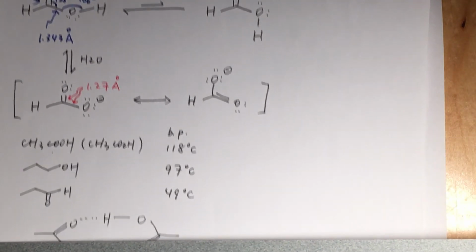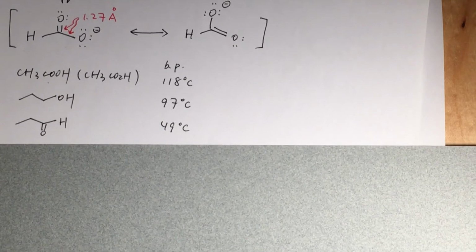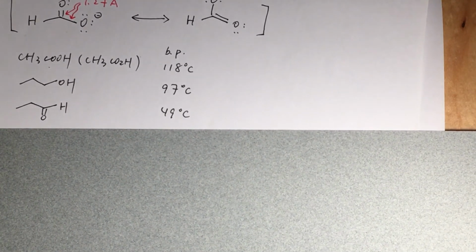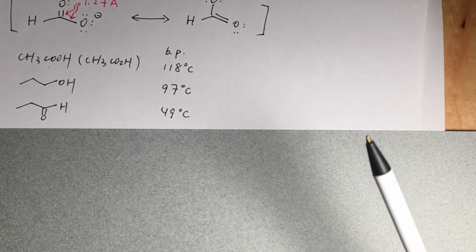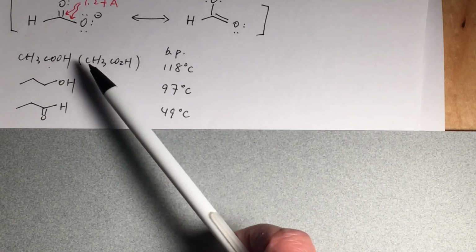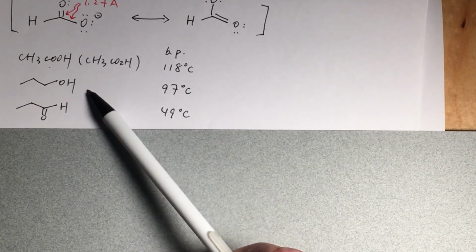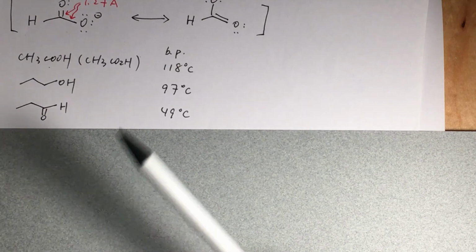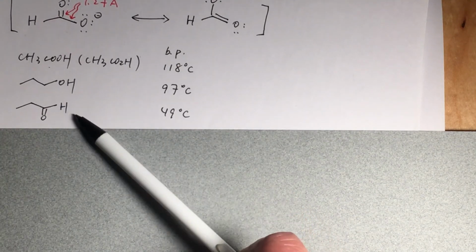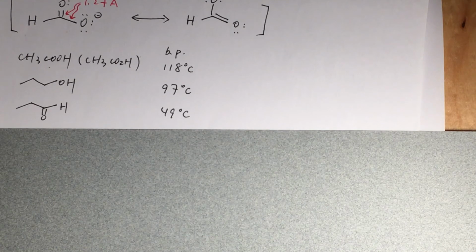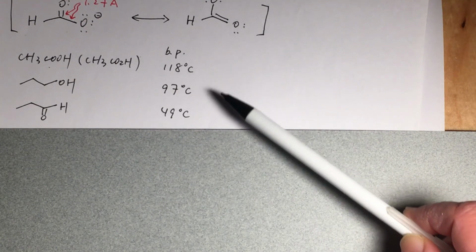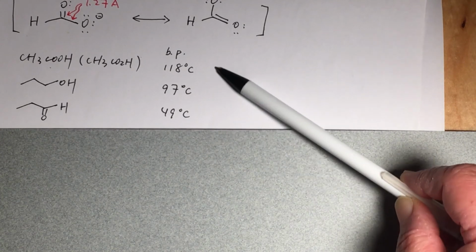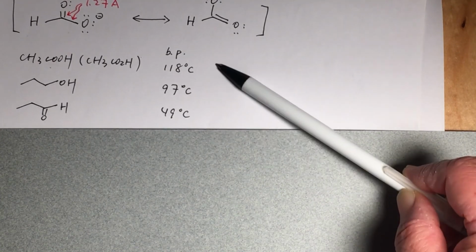Some other interesting properties associated with carboxylic acids include that carboxylic acids tend to have very high boiling points. In comparison, acetic acid along with propanol and propanal, carboxylic acid, alcohol, and aldehyde functional groups, we can see the boiling point increases as the polarity of the molecule increases from bottom to top.